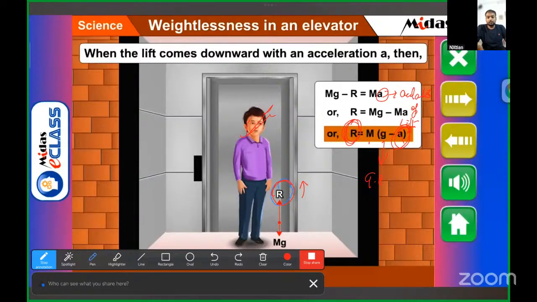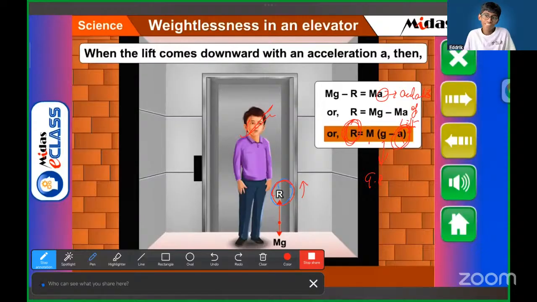Understood? Yes or no? So, for example, when you all went on an aeroplane, you all sat in the aeroplane. If it's running on the runway, there won't be any uncomfortable things.